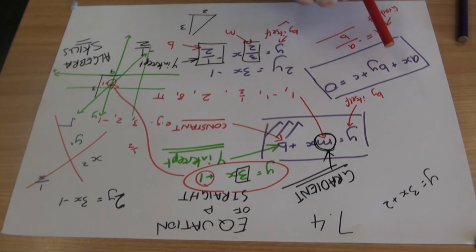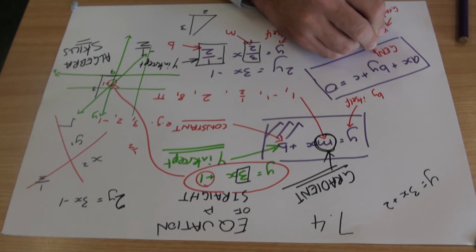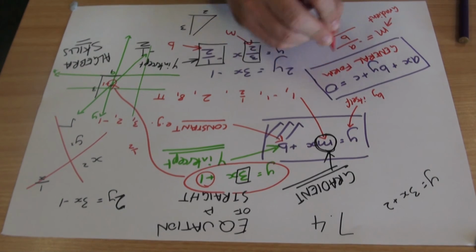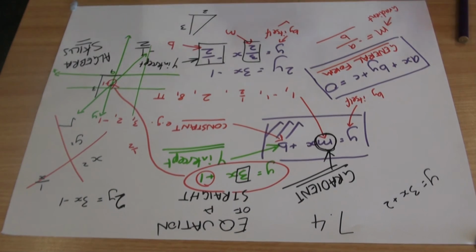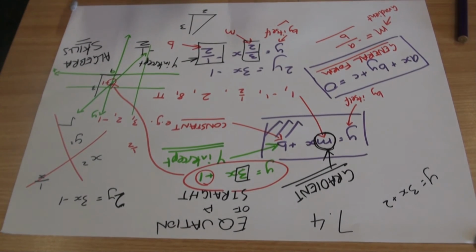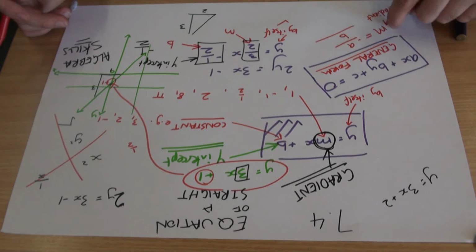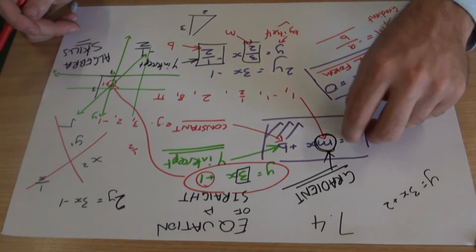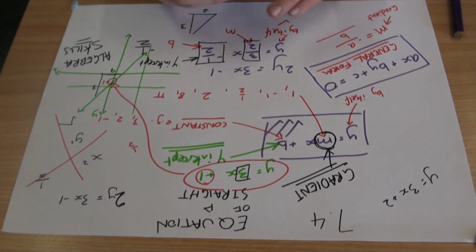So we can use this form here, which is the general form, not general maths, just the general form, where we just put everything over the one side, all equal to 0, nice and easy like that. In general form we know our m is minus a on b, and you'd find that it would be the same result if you put it into your normal y equals mx plus b form.